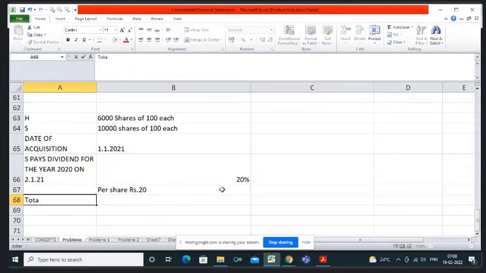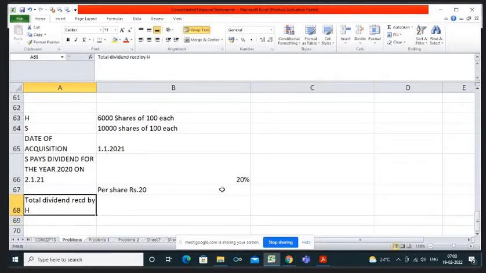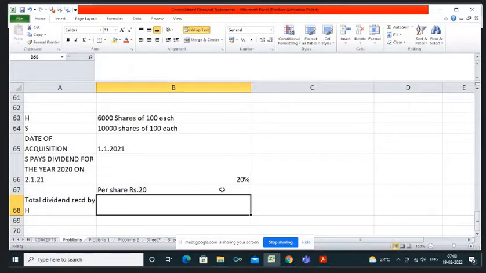The total dividend received by H will be 6,000 shares into rupees 20 each. So how much amount? 1,20,000.